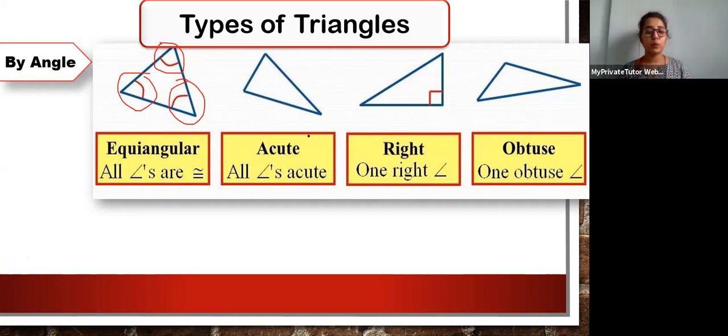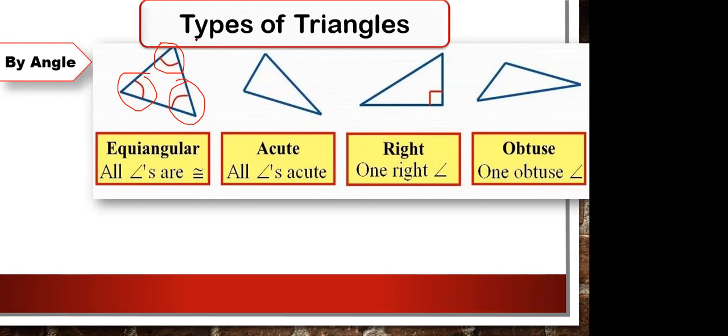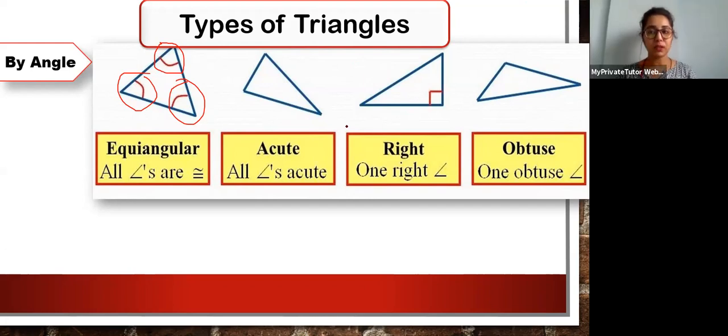Before telling what an acute angle triangle is, I would like to tell you what an acute angle is. An angle having measurement less than 90 degree is called an acute angle.